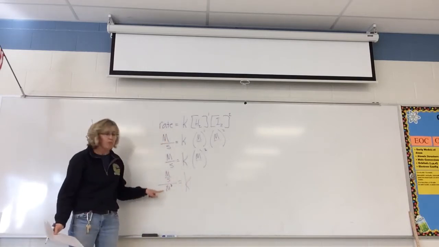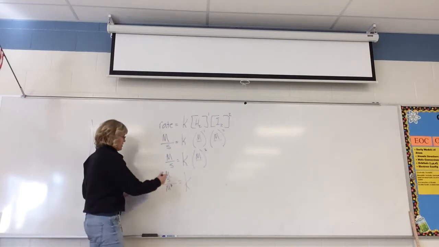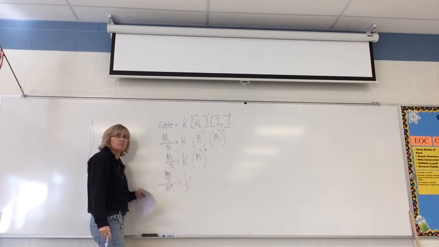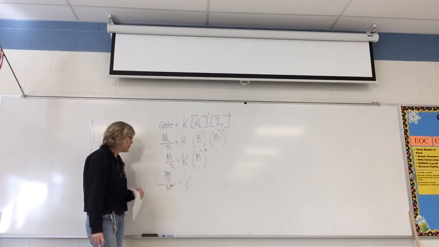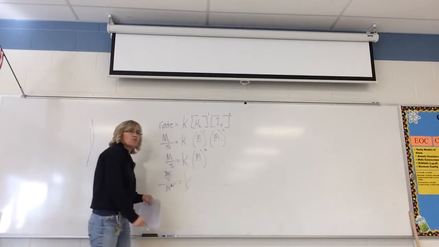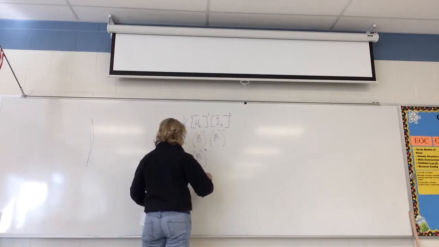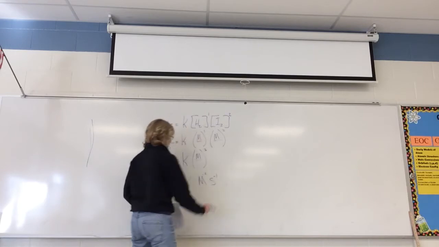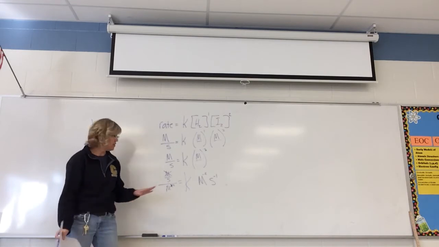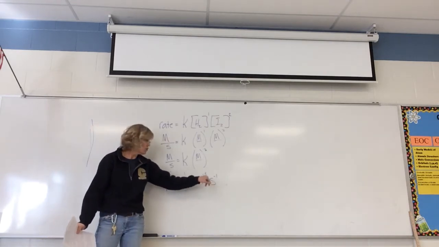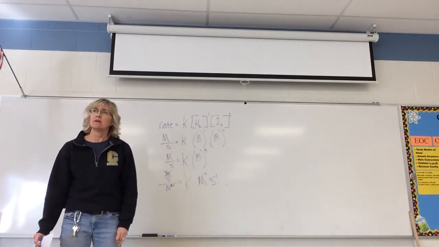So how is that going to cancel? Obviously we're going to lose that M, and this one will reduce down to 2, correct? So the units for a third order reaction are going to be molarity to the -2 and look like that. Those would be unique to a third order reaction. You could look at those units and say, ah, it's a third order reaction.